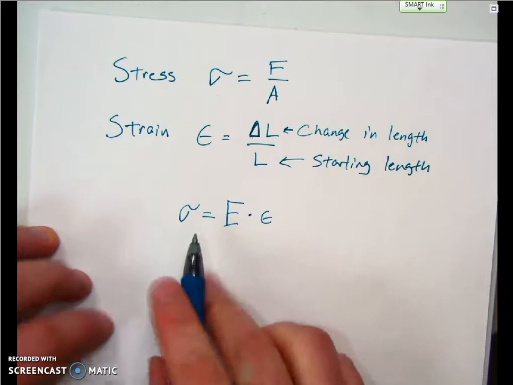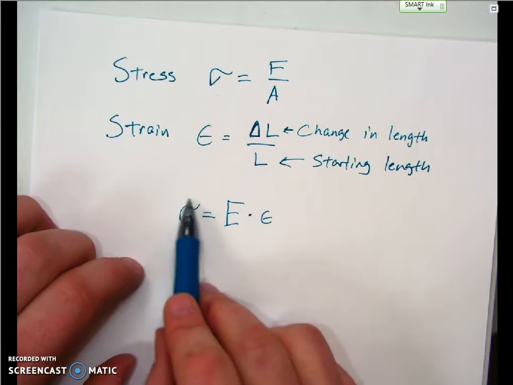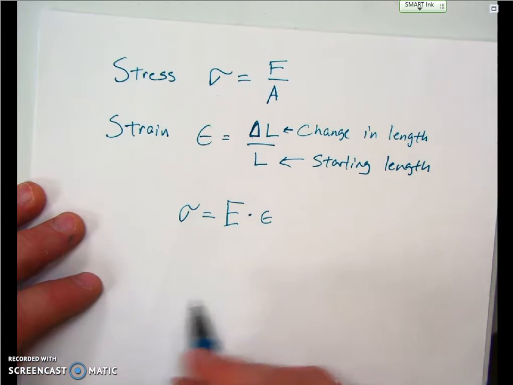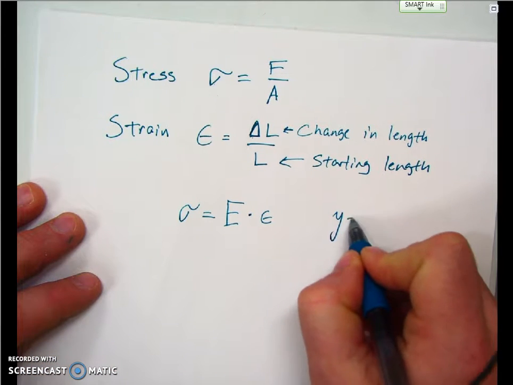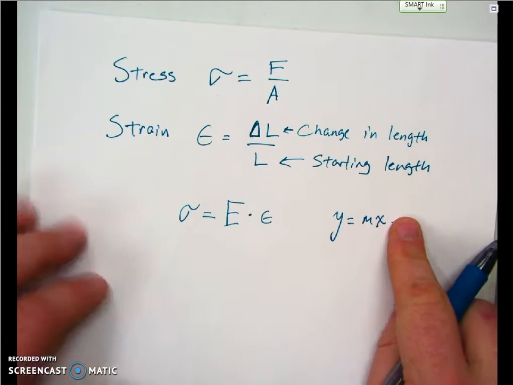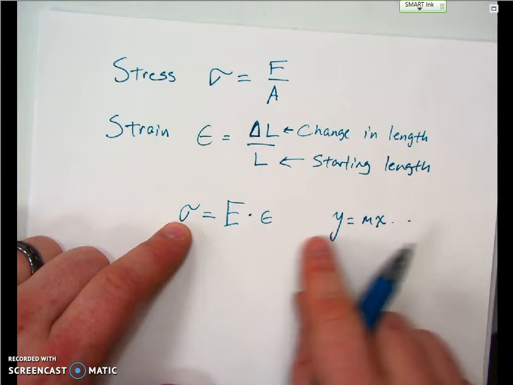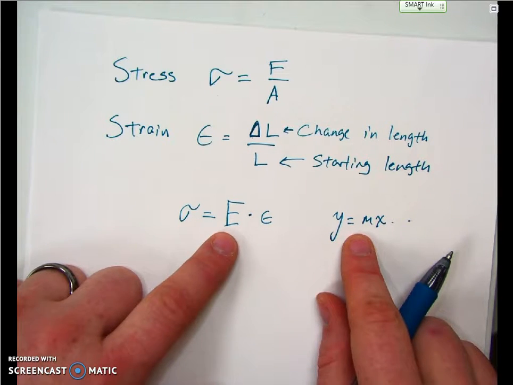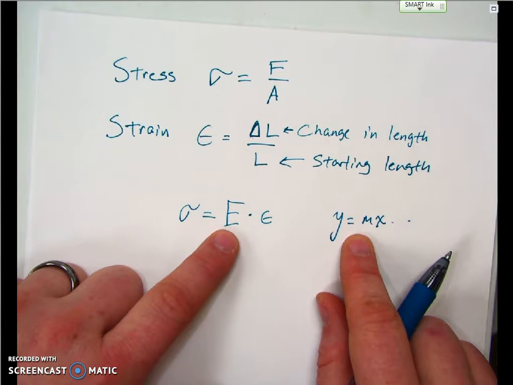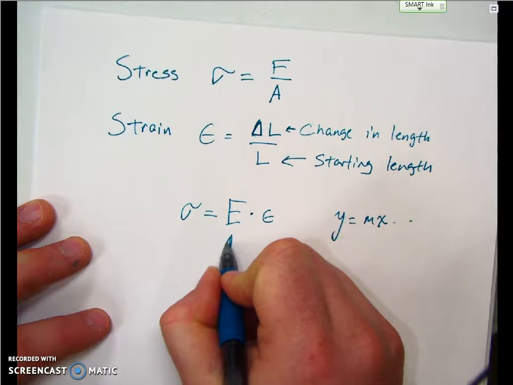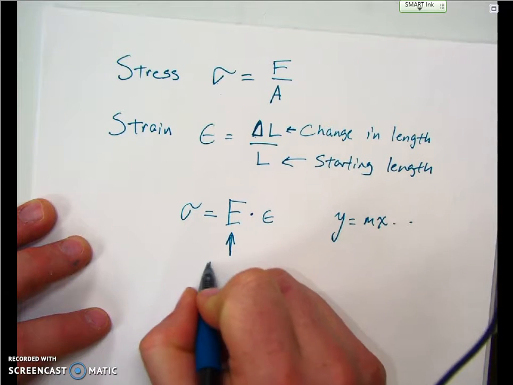This is a very simple linear equation. You could think of something like y equals mx plus b, but there's no b here. Stress is my y, strain is my x, and the slope of this little linear equation is this E here. So that would correspond with m. And this E is something called the elasticity.